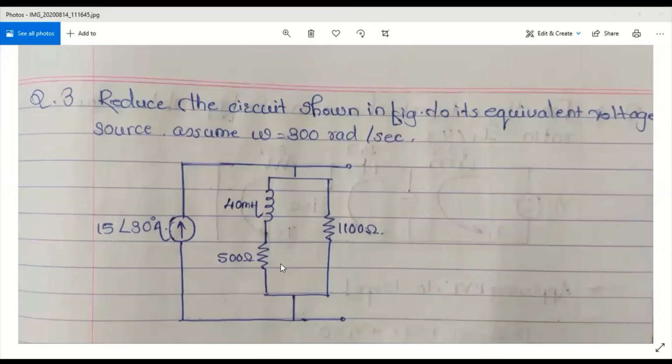And if we want to perform a source transformation, we are supposed to minimize this RL and resistor, this parallel combination of resistances. We need to identify Z equivalent.